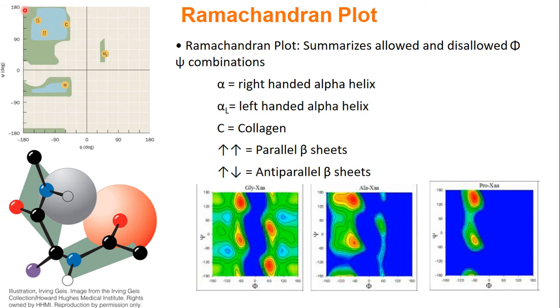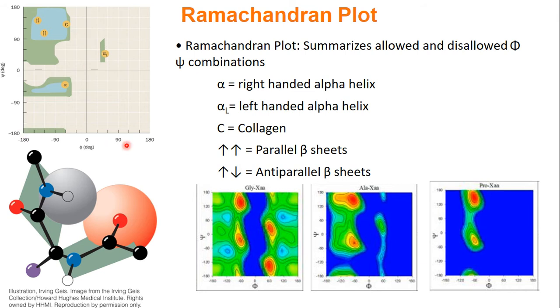And if they fall up here, you have beta sheets, either parallel or anti-parallel. Now, something to keep in mind for Ramachandran plots is that since we're measuring backbone torsions, and the flexibility of the backbone depends on the side chain because of steric hindrance, different amino acids have different allowed phi and psi combinations.